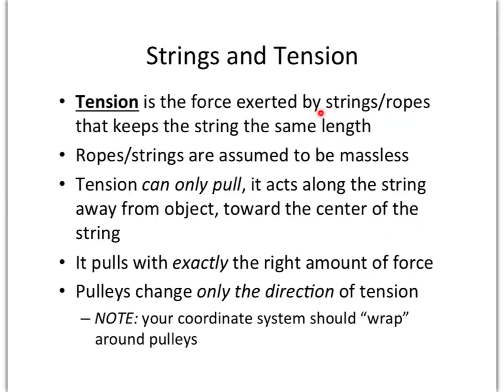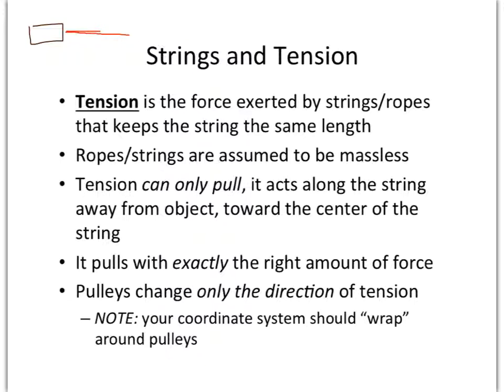that keep the string the same length. Now, what I mean by the same length is that you shouldn't think of tension as being like a rubber band. You can attach a rubber band to something. All right, let's draw a little box right here. If you attach a rubber band to something and then pull it, the rubber band will actually stretch to a different length, and at some point it might actually pull your box.